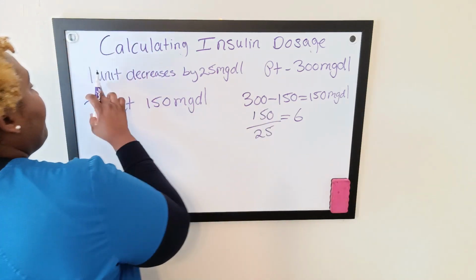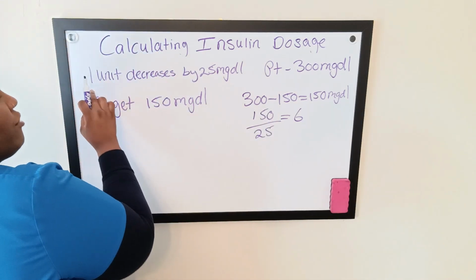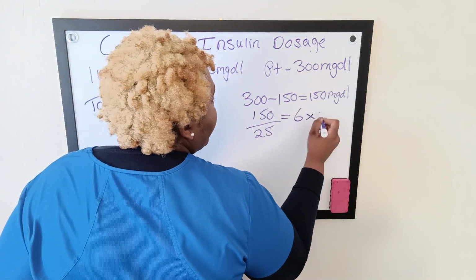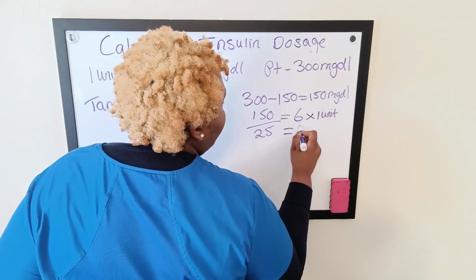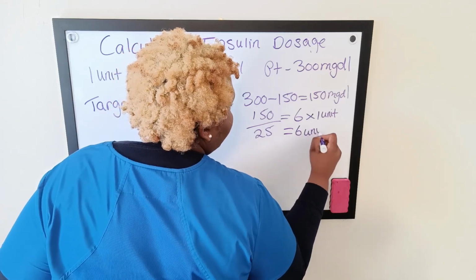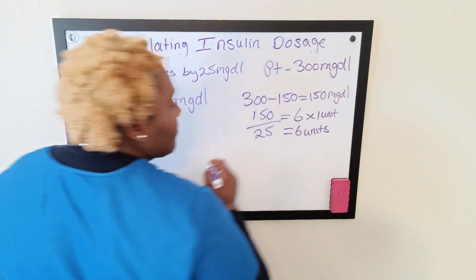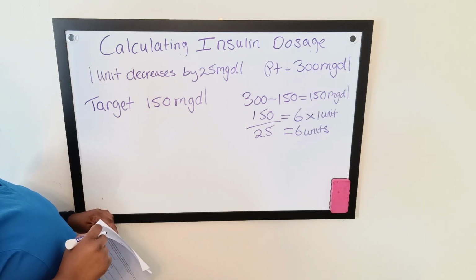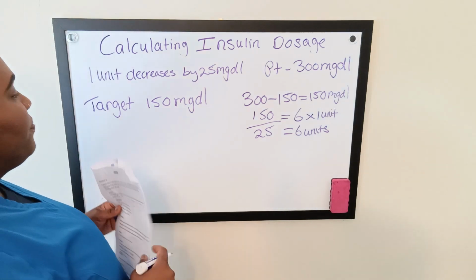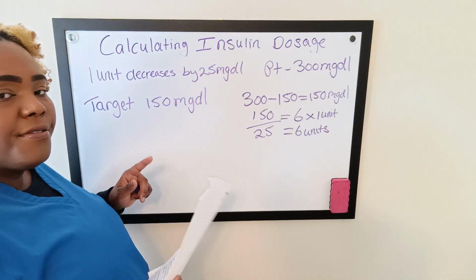So we know every 25 we're giving them 1 unit, right? So we're going to multiply the 6 by 1 unit, which will give us 6 units of insulin. Hope that makes sense. Remember, our patient was sensitive.